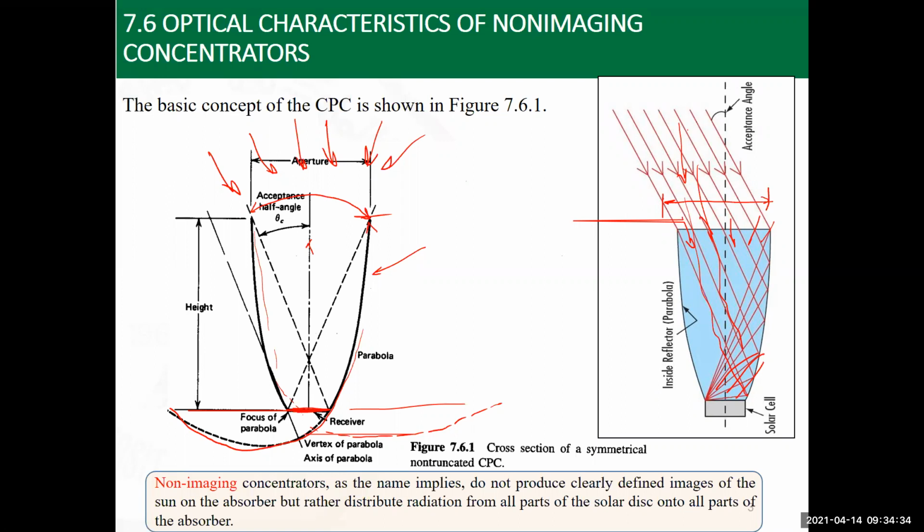What are the limitations here? They are non-imaging, so you don't expect higher concentration ratios. You do not get them here. Usually it will be less than 10. If you need more than 10, then you have to go for the other types.